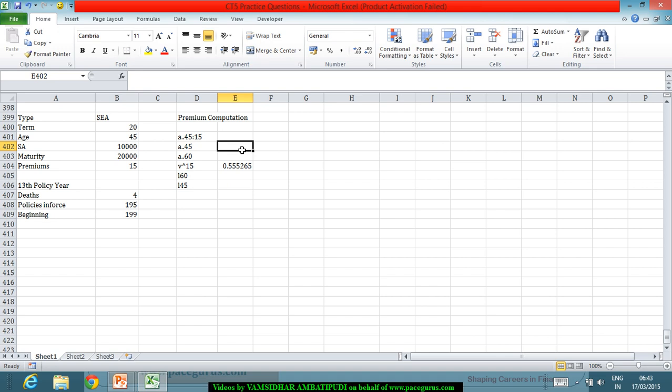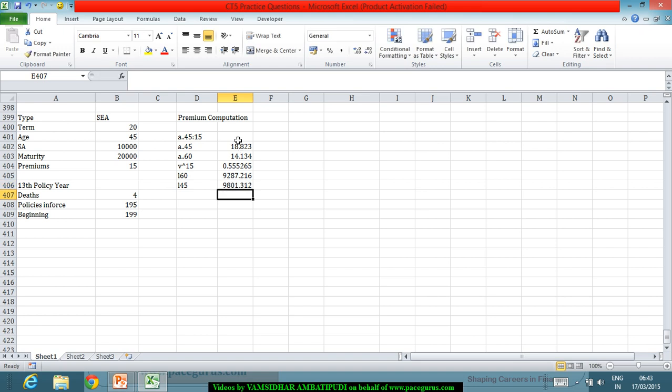ä 45 is 18.823. ä 60 comes out to 14.134. Then L60 comes out to 9287.2164. Similarly, L45 works out to 9801.3123.